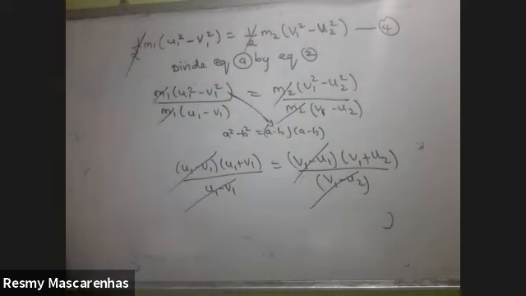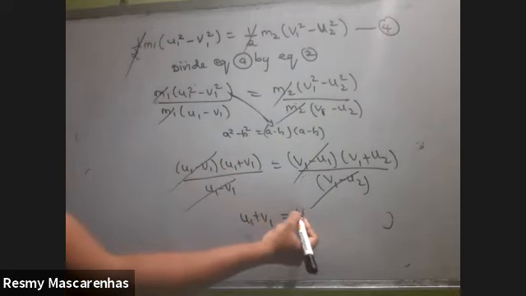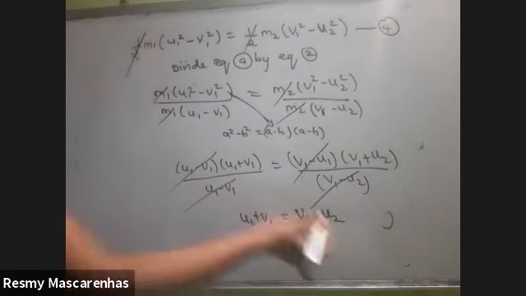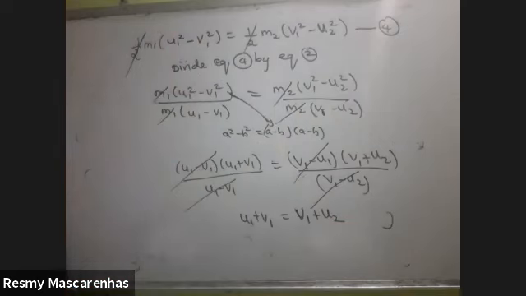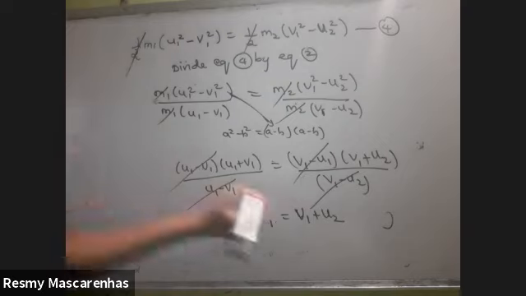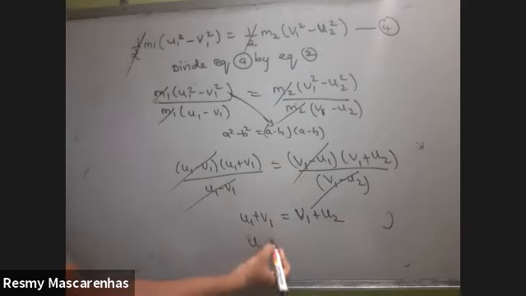So this will also cancel. So what remains here? U1 plus V1 equals V1 plus U2. Now bring U on one side, V on the other side. So this will be U1 minus U2.